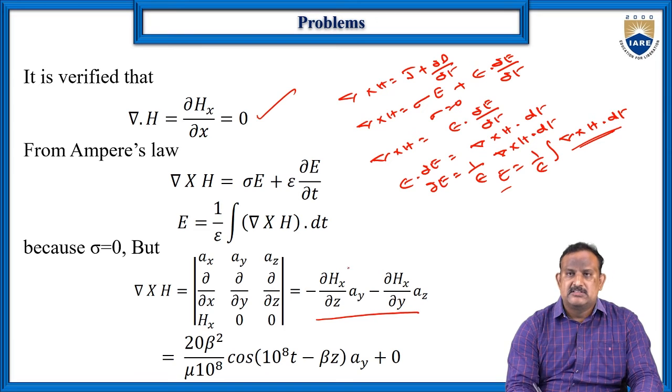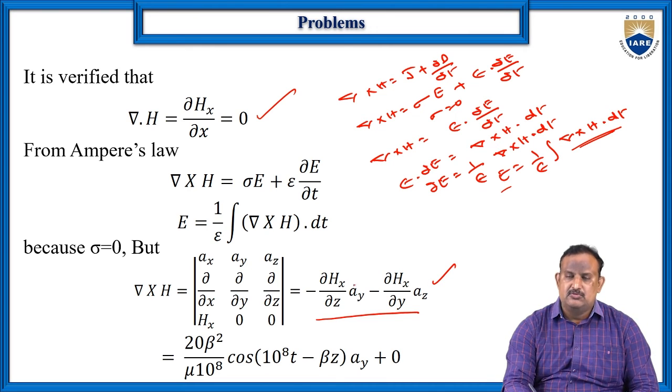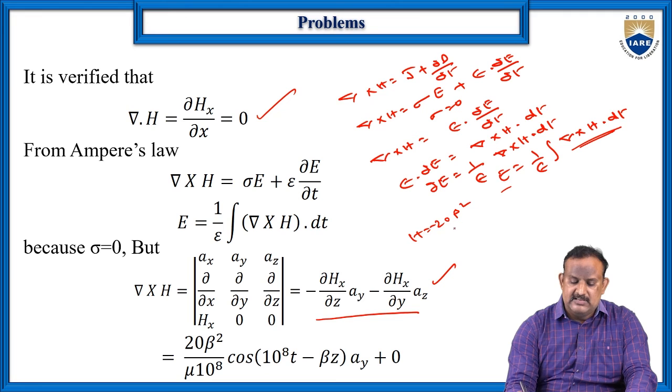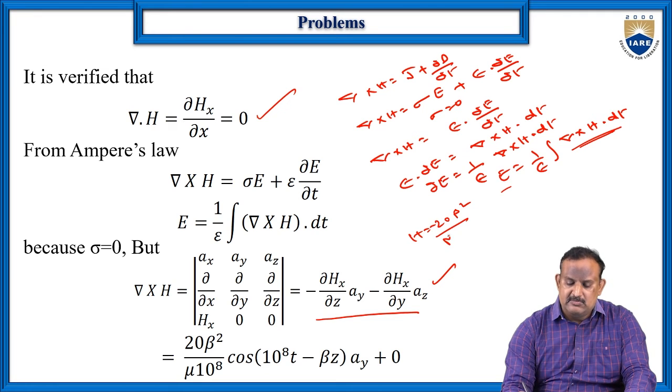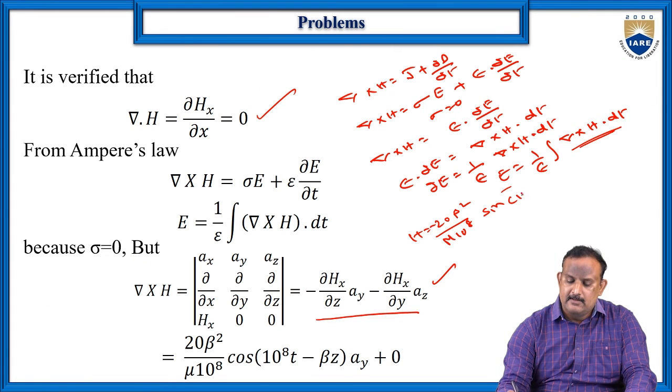Here it is minus dou Hx by dou Z into Ax minus dou Hx by dou Y into Az. So here also we need to differentiate the equation with respect to Z. If you differentiate the equation with respect to Z, we already have H equal to minus 20 beta square by mu into 10 power 8 into sine 10 power 8 t minus beta z.